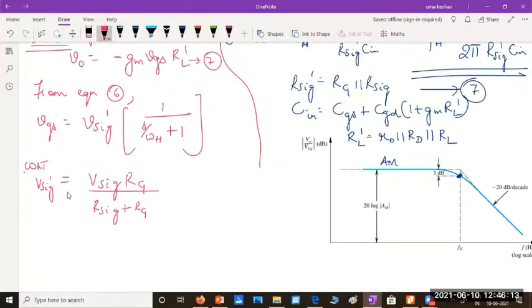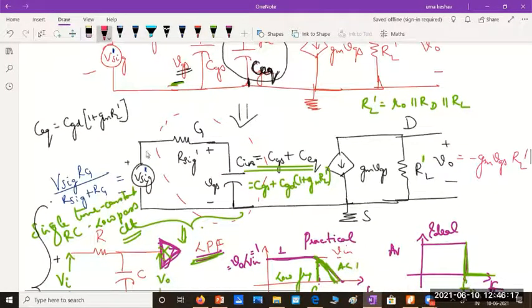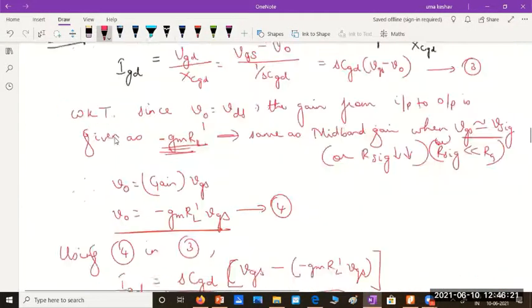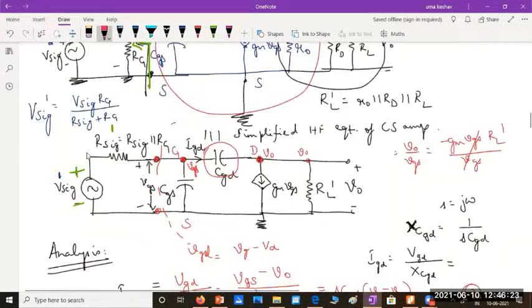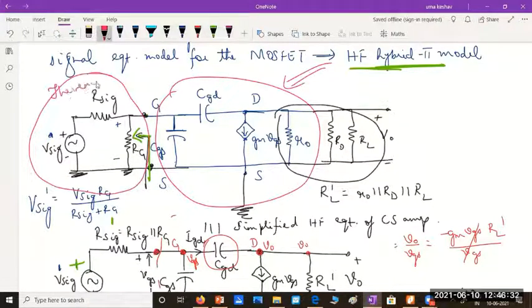So the Thevenin's equivalent voltage between the gate and the source. Between these points, when we convert this part of the circuit into Thevenin's equivalent circuit, we are just replacing this part using Thevenin's theorem. That's all. Thevenin's equivalent, you will get V sig replaced with V sig dash and R sig parallel RG replaced with R sig dash. That's all.